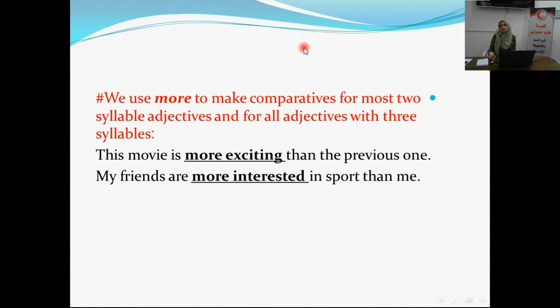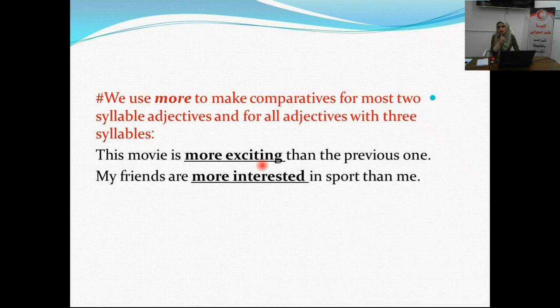Okay, concerning the adjectives that consist of more than one syllable, we use more to make comparatives for most two-syllable adjectives and for all adjectives with 3 syllables or more. As you see here, we have the movie is more exciting than the previous one. When we talk about a movie, to compare it with the previous one, we say it is more exciting. We use more because exciting consists of more than one syllable, and by syllable we mean the number of vowel sounds.